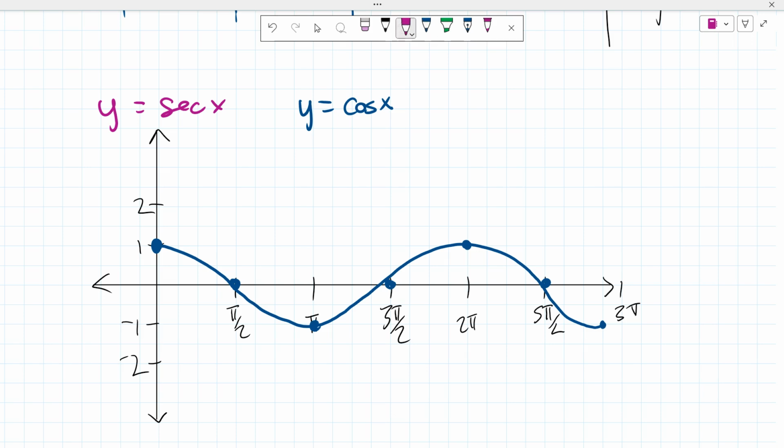So the secant of x. Now, where it's 1, it'll be 1. Where it's 1/2, it'll be 2. Where it's negative 1, it'll be negative 1. Where it's negative 1/2, it'll be negative 2.